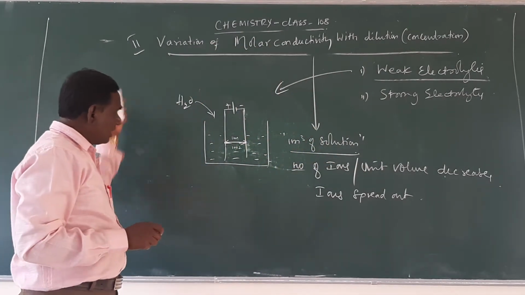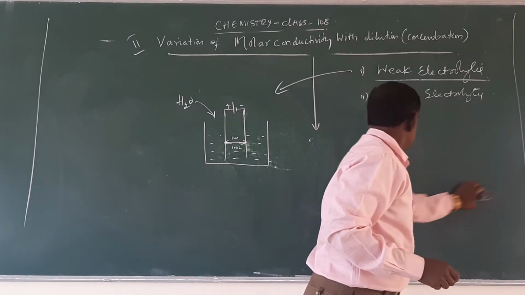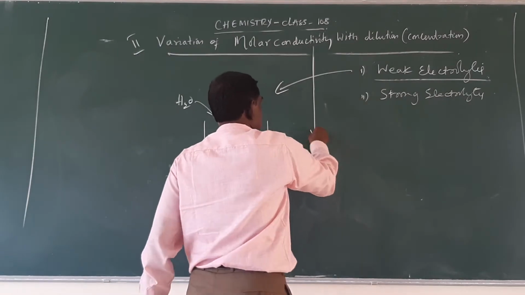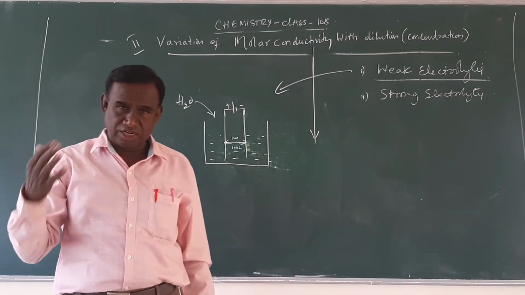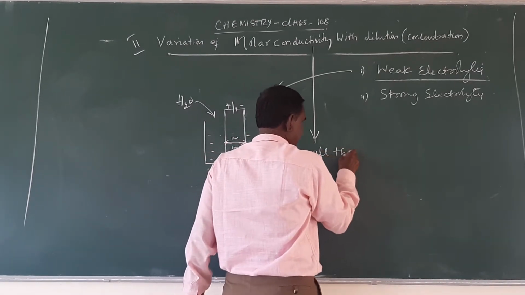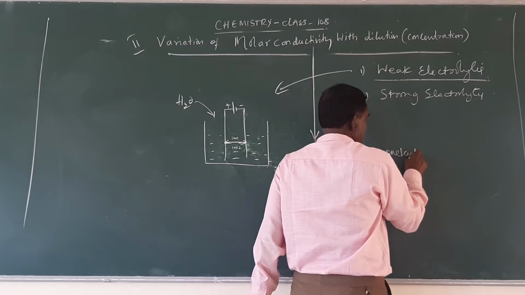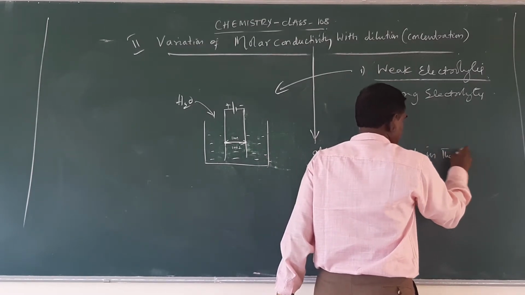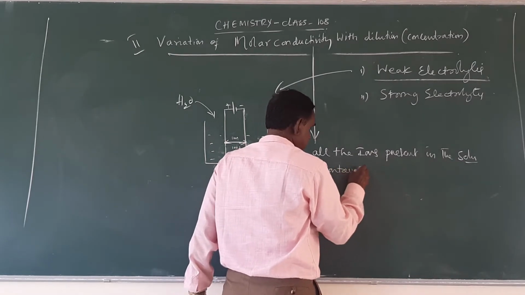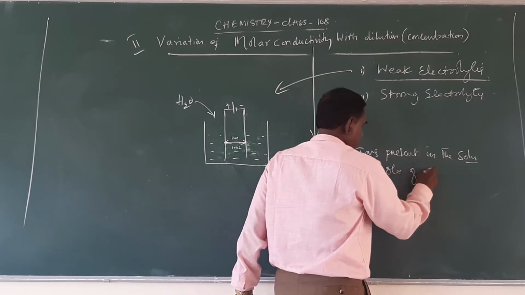If I take weak electrolyte solution first, and water is added more and more, what is the definition of molar conductivity? Molar conductivity is nothing but the conductivity produced by all the ions present in the solution containing 1 mole of an electrolyte.